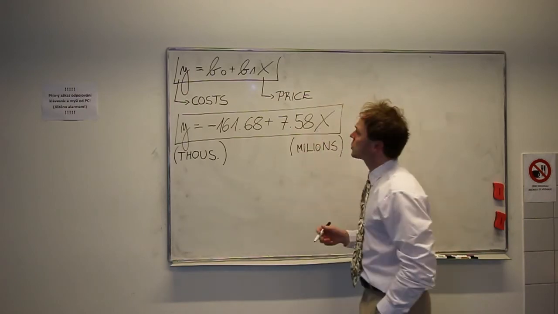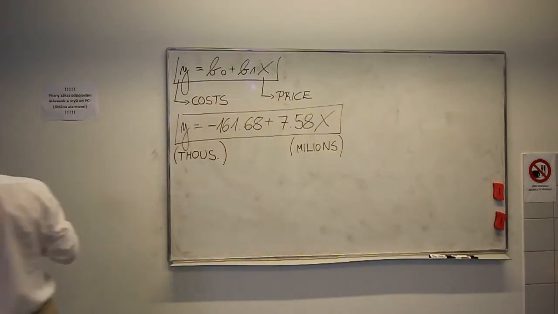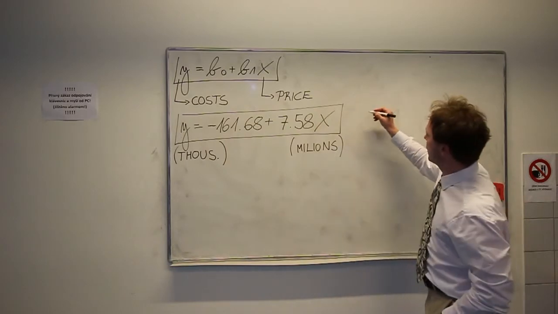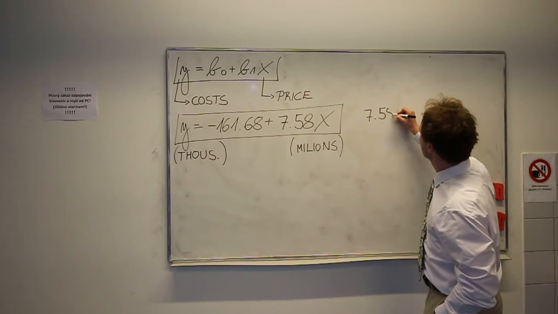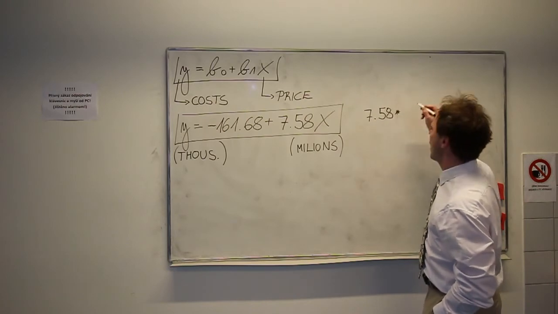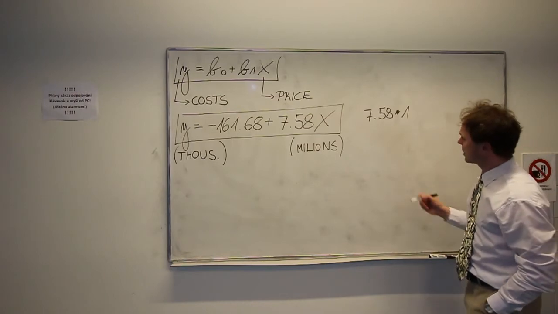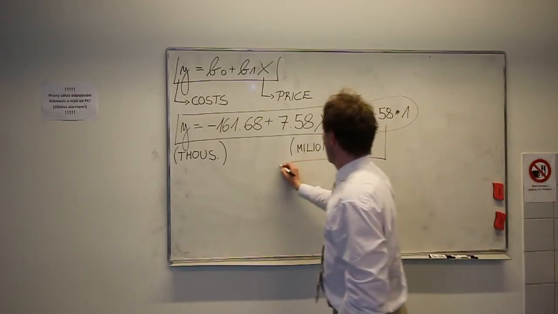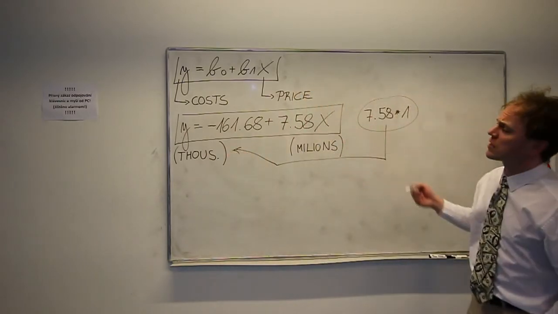So increase the price by 1 million Norwegian crowns. What it means: 7.58 times 1, one more million. So this increase will increase these costs in thousands.